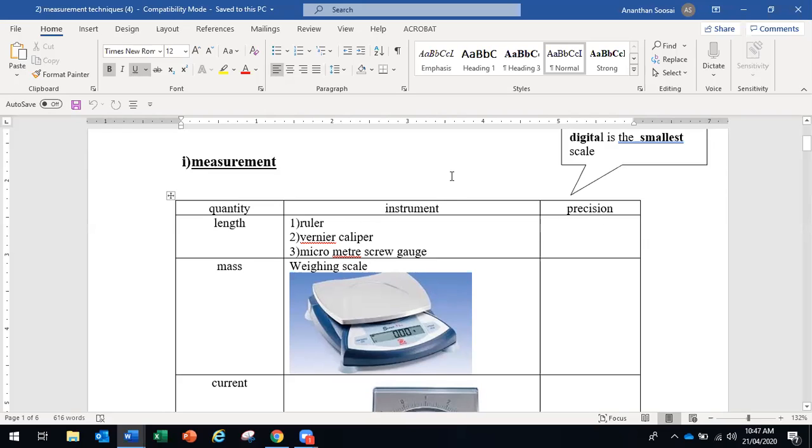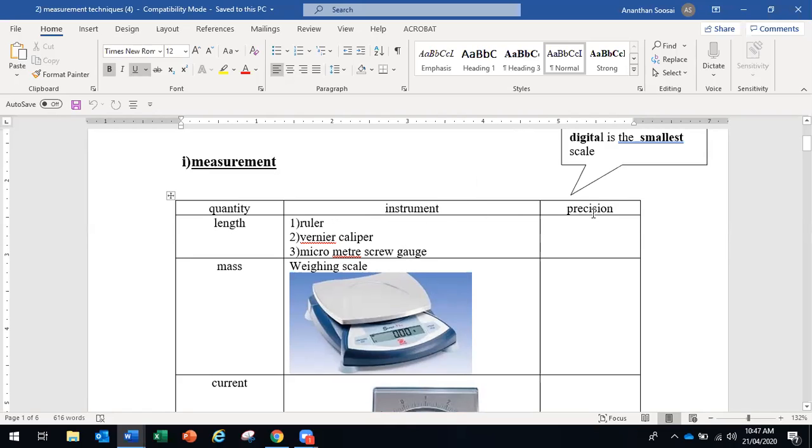But if you read the length, with 2 places of uncertainty, it becomes 0.1. That's uncertainty. The precision of the instrument is 0.05. Vernier caliper? Sorry, I made a mistake.